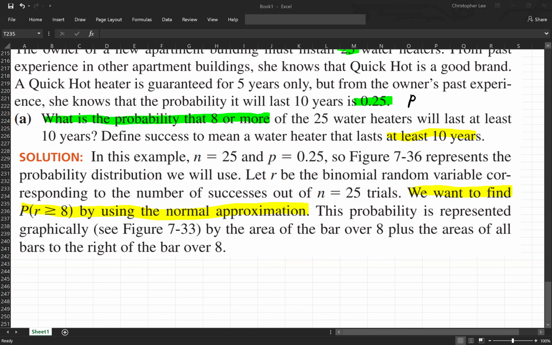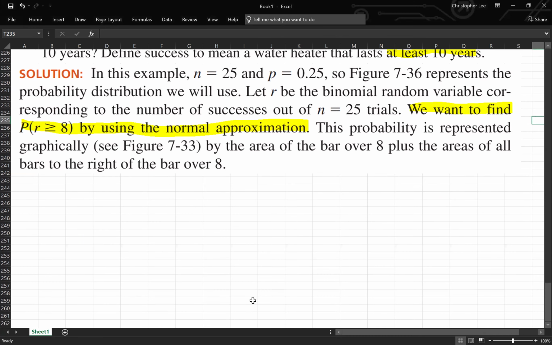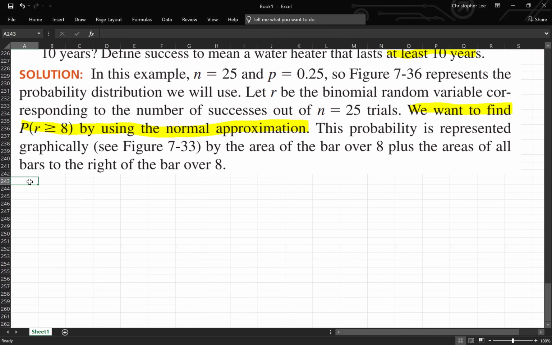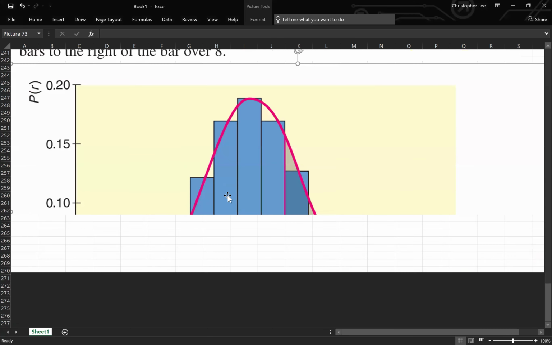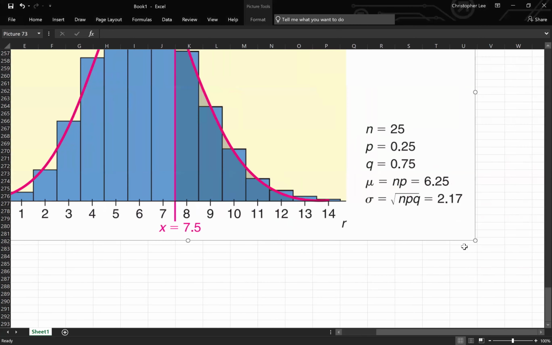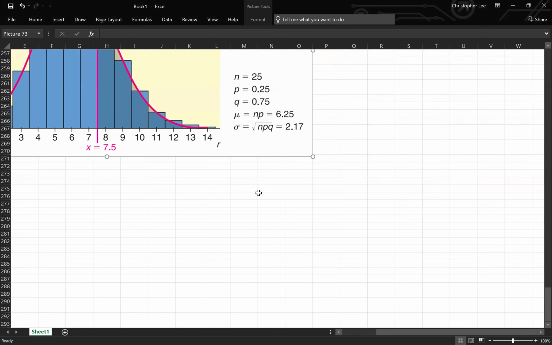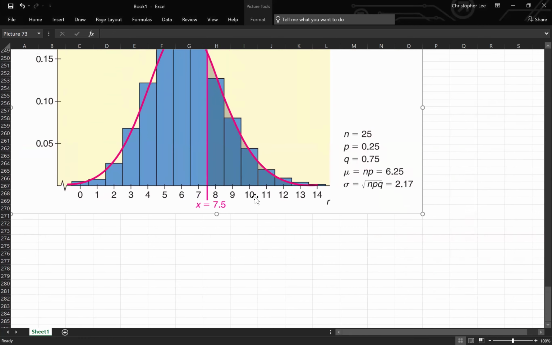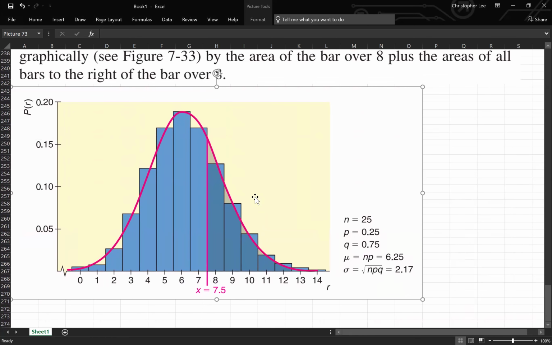Bear with me 1 second, real quick. I just want to bring that picture back. So this is what we're talking about right here. All right.